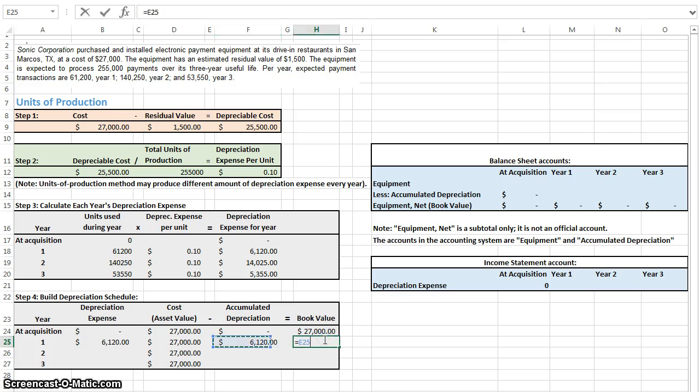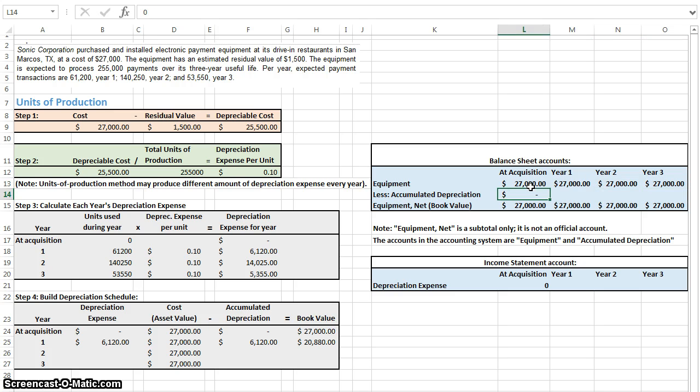Book value equals cost minus accumulated depreciation. So after year one, my book value is going to be $20,880. Go to the balance sheet. $27,000 is going to be my equipment value every single year. Accumulated depreciation in year one is going to be negative $6,120 for a book value of $20,880.